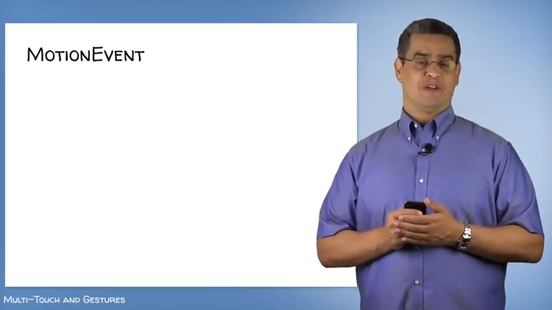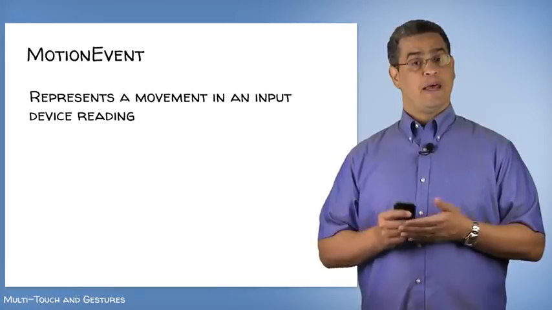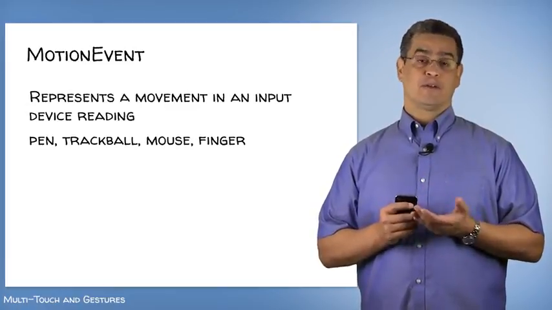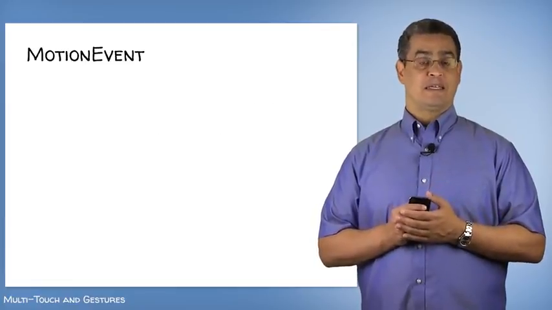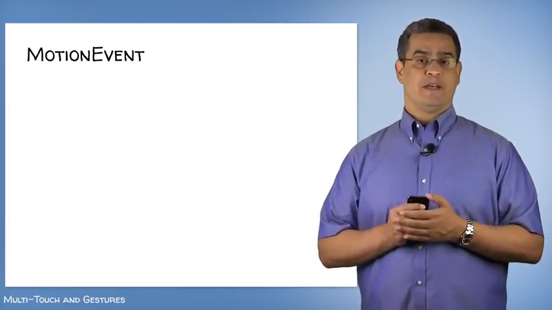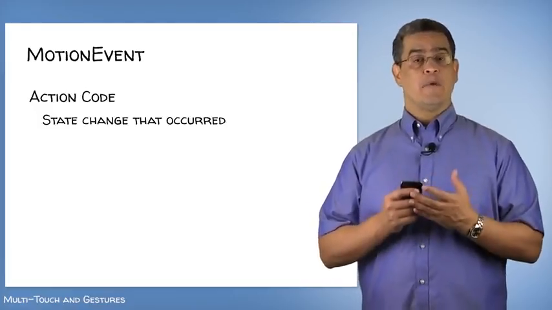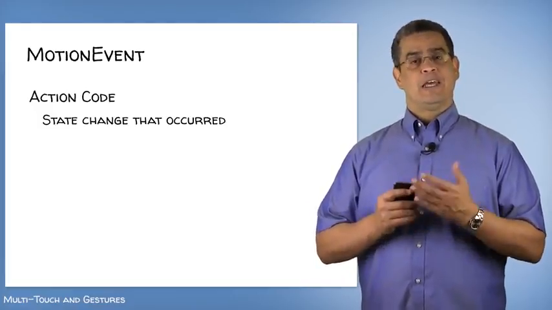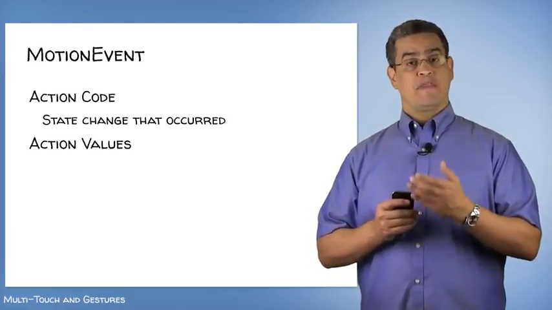Android uses the MotionEvent class to represent movements in an input device, such as a pen, a trackball, a mouse, or your finger. An individual movement event contains several pieces of information. It has an action code, which indicates the kind of motion that has occurred. It also contains a variety of data associated with that motion.